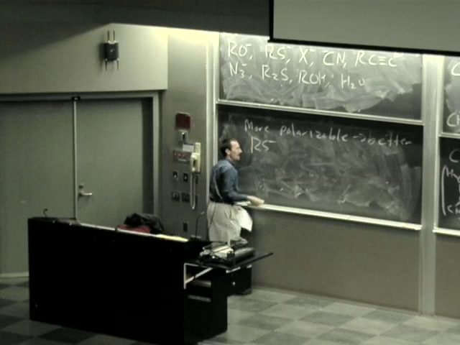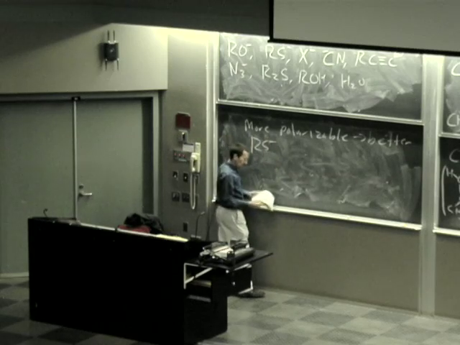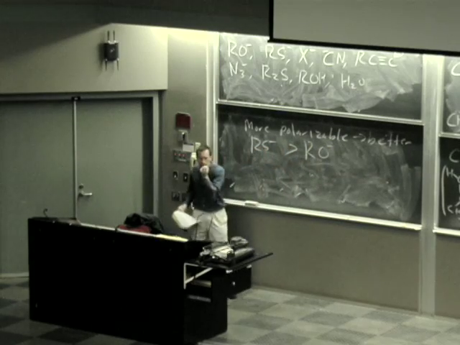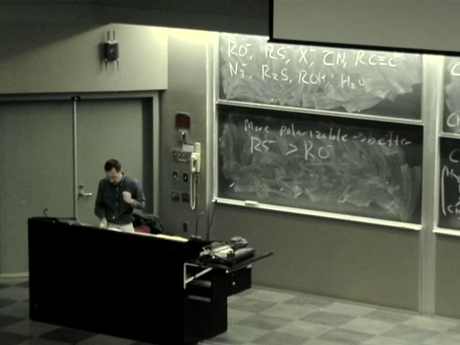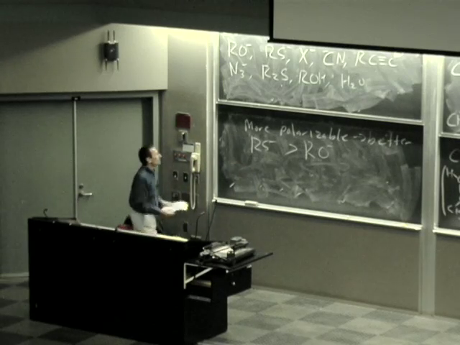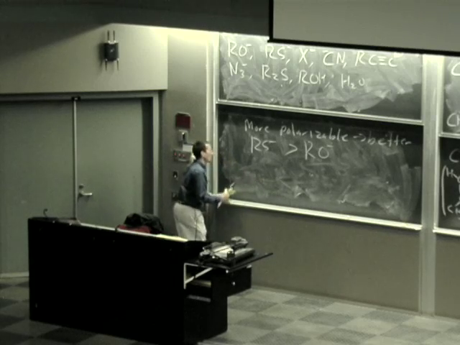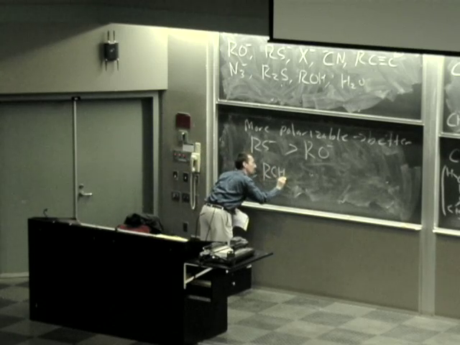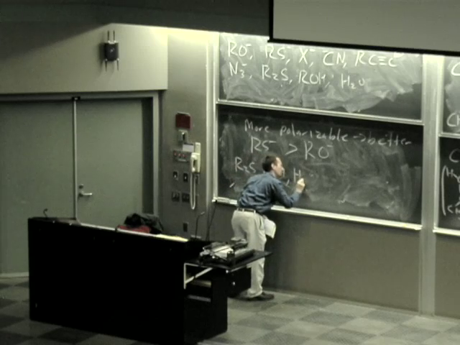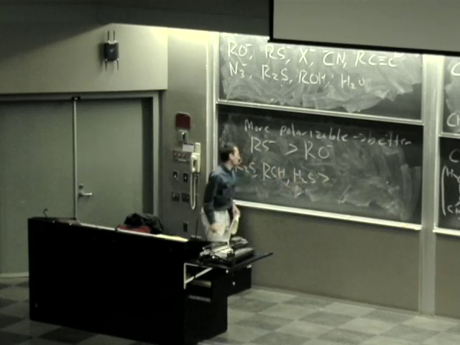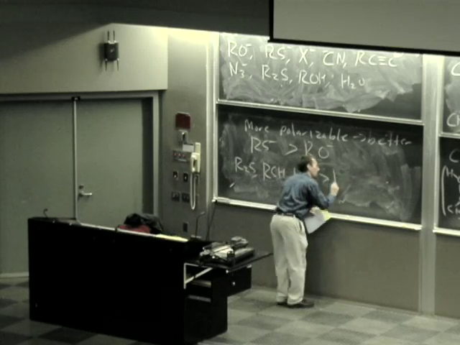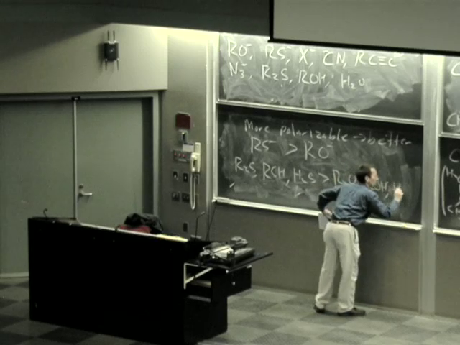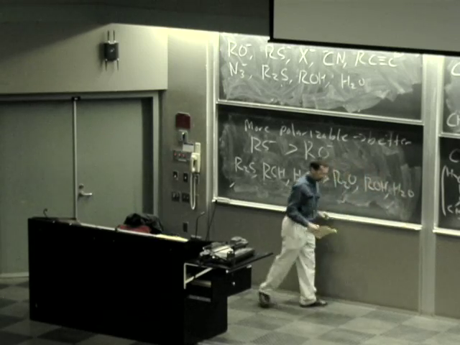So thiolate anion, for example, RS-, like we've seen in our various examples, is more polarizable than oxygen that holds those electrons in close. It's easier to get in. Also means that sulfides and thiols and H2S are going to be better than ethers and alcohols and water, the oxygen analogs.